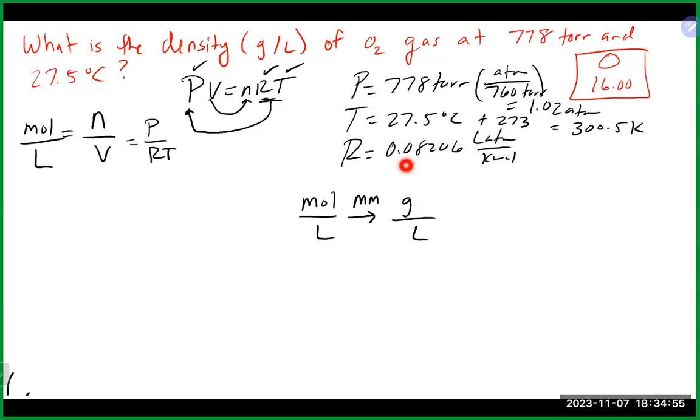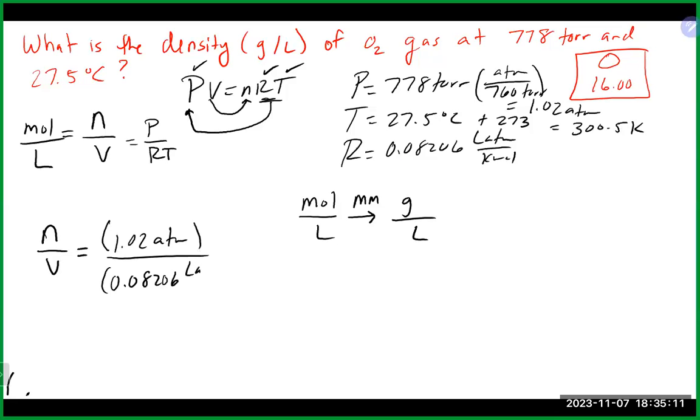So once again, you can fall back on this if you need to. If we do that, we will solve for N over V, which will give us the molarity. That will give us 1.02 atmospheres divided by our gas constant and our temperature of 300.5 Kelvin.